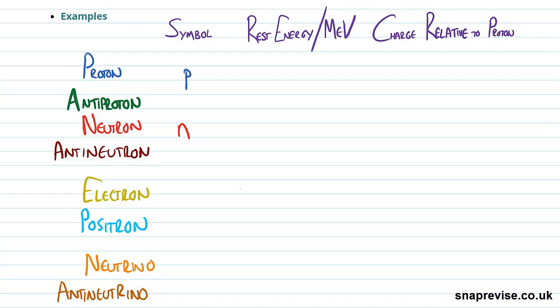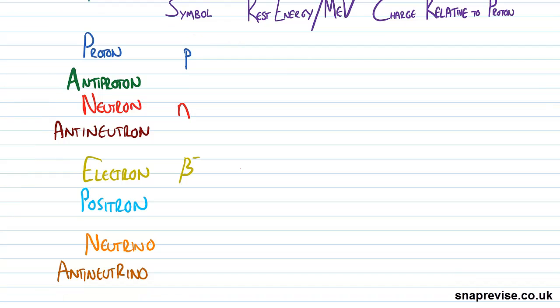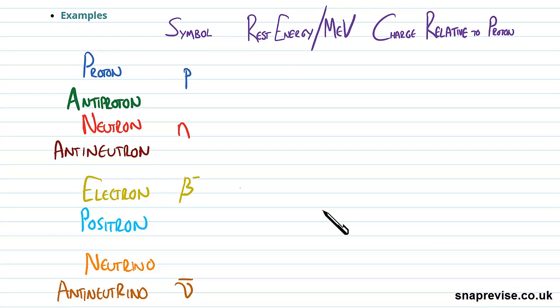We can give electrons the beta minus, and that's the one we're going to use here, but we will also see that we can just call them E as well. We'll use beta minus for now, and we'll stick with that until it's appropriate to change. And then finally the antineutrino, remember, was this nu, but with a bar over the top, like so. And those are the particles we come across so far.